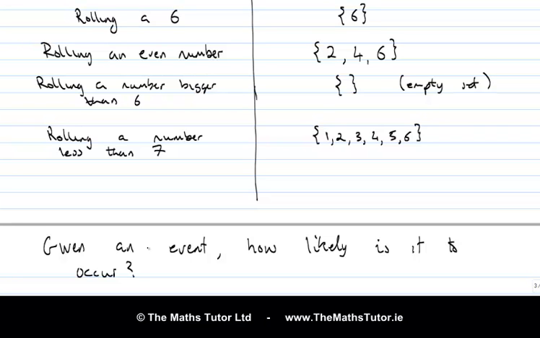How likely is it to roll a number less than 7? In that case, it's easy to answer. We will certainly roll a number less than 7. How likely is it to roll a number bigger than 6? Again, that's easy to answer. It's impossible. But for events like rolling a 6 or rolling an even number, it's neither impossible nor certain. So we need some way to quantify exactly how likely events like that are.